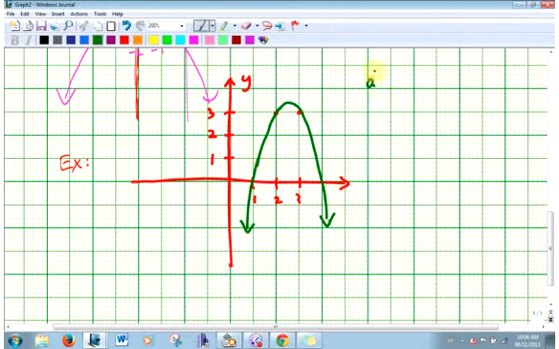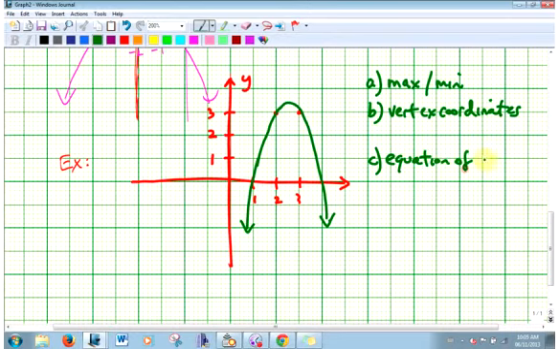And we have some questions. A, max or min. B, vertex coordinates. C, equation of axis of symmetry. We've got to find all this stuff. These are questions.